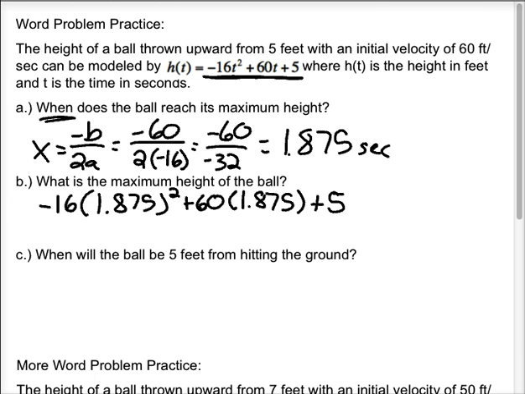And if you type that all into the calculator exactly the way that I have it written, then you can just hit enter, and it should spit out 61.25 feet, okay? But again, only if you type it in exactly as I have it.